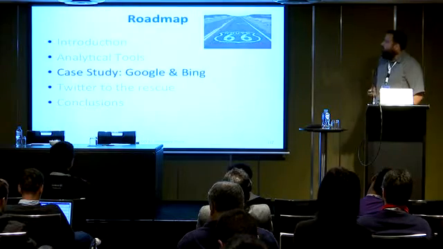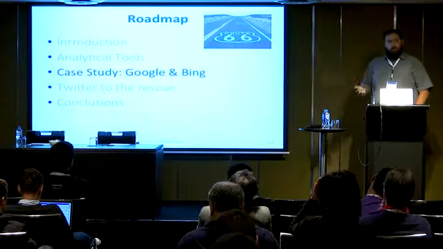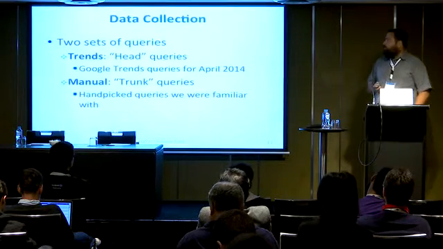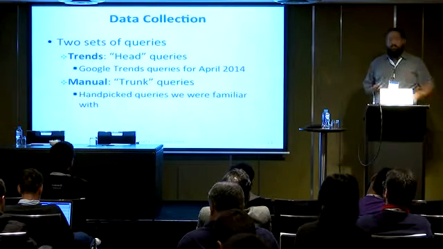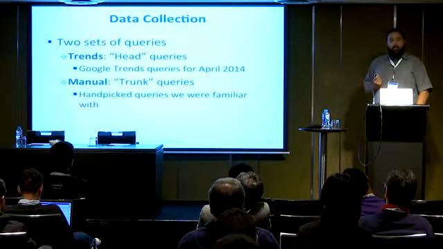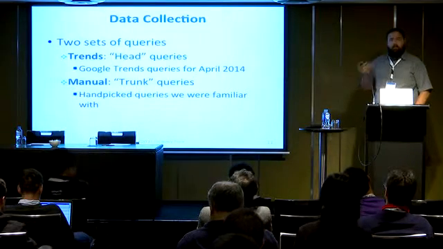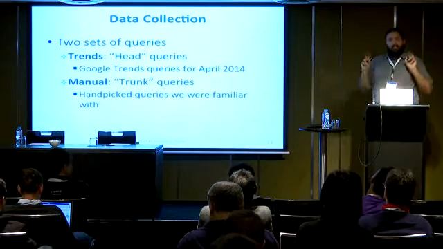Having presented the tools, let's see how Google and Bing compare using those tools. And for that, we need queries, right? So we decided on two sets of queries. One of them comes from Google Trends, April 2014. These are about 40 queries. They were highly popular, and they are called the head queries.